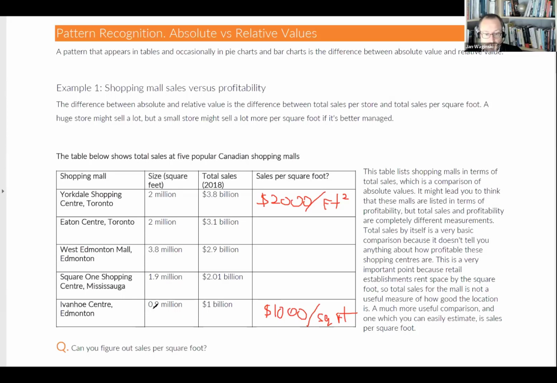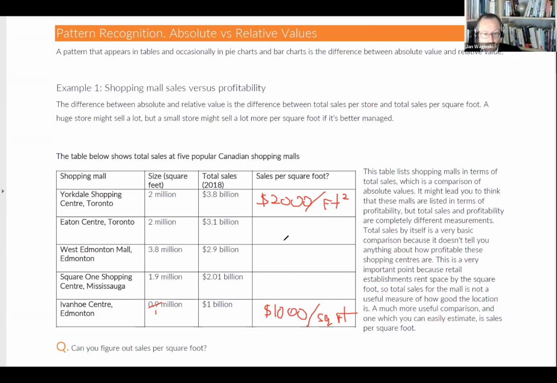So here, I just rounded this to 1 million, 1 billion, it's a difference of 1,000, so that's 1,000 per square foot. And every store, every retailer, by the way, calculates profit this way. Costco, Walmart, they all know exactly how many dollars they make per square foot. Okay, so Yorkdale, 2,000 bucks per square foot per year.